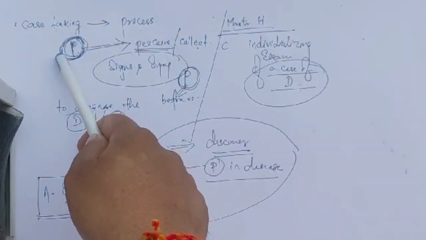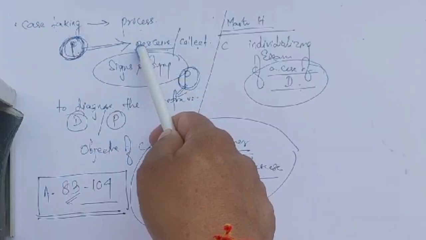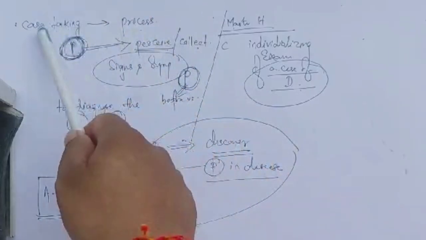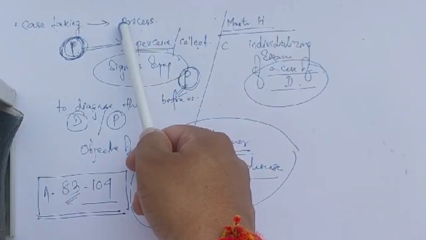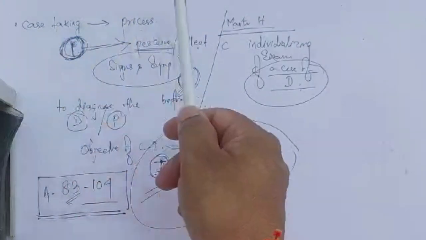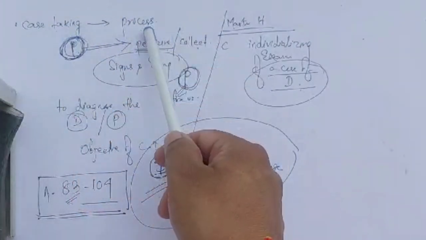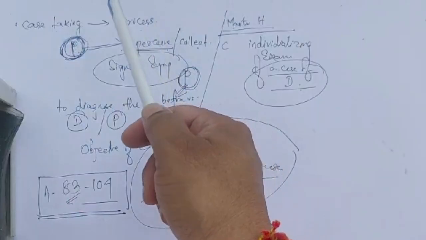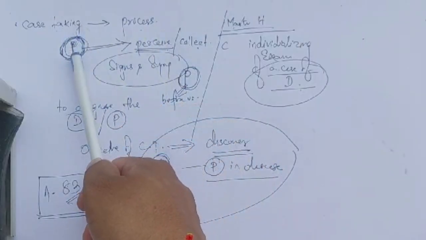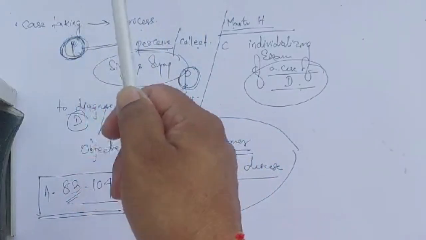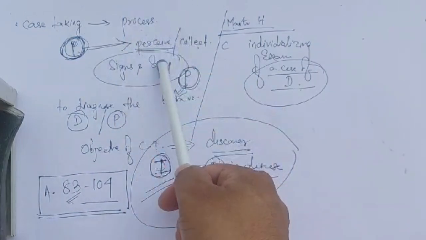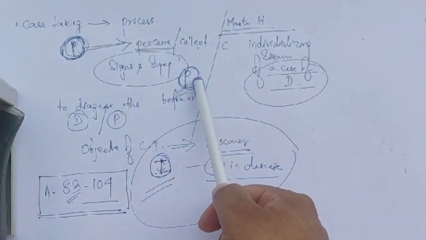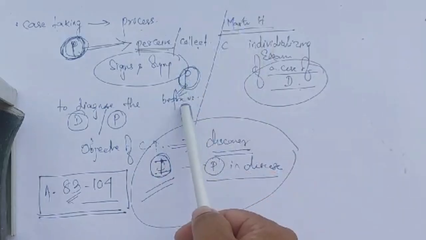Physician, perceive, patient, process: P is very important in case taking. Case taking is a process, first P, by which the physician, second P, is able to perceive, third P, signs and symptoms of the patient, that is fourth P. And the patient has to be in front of us.